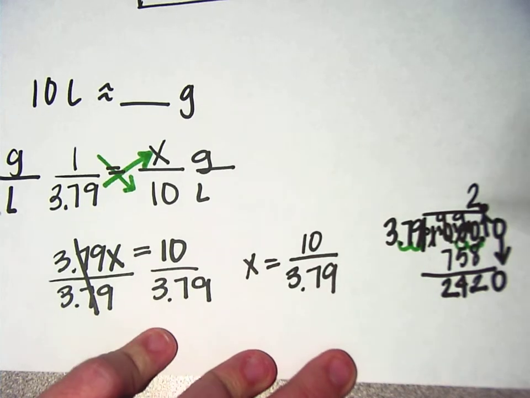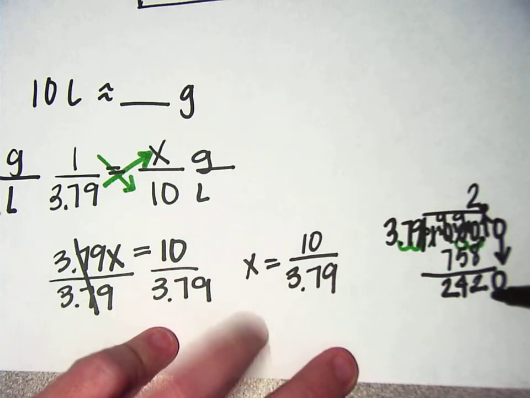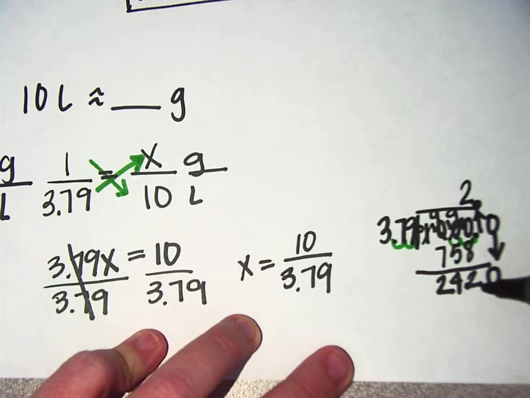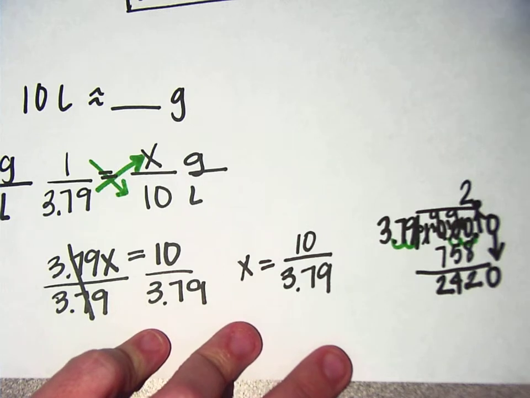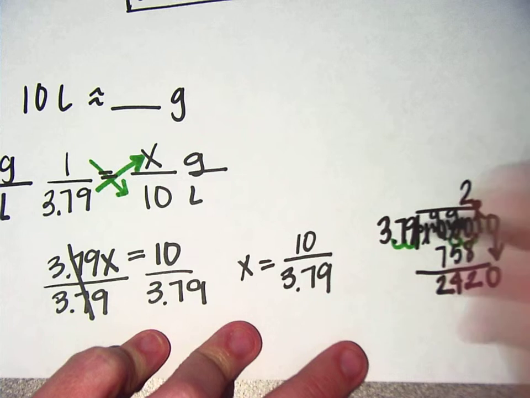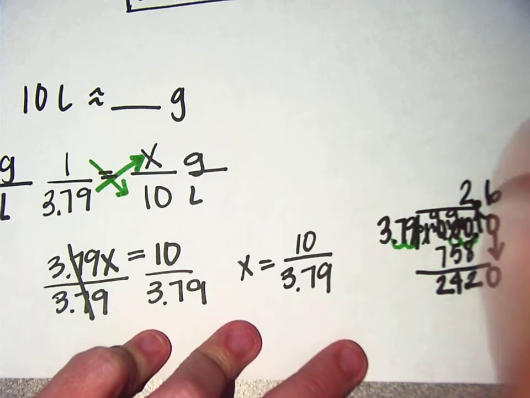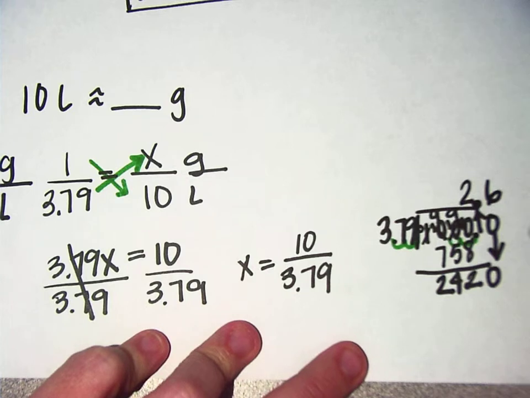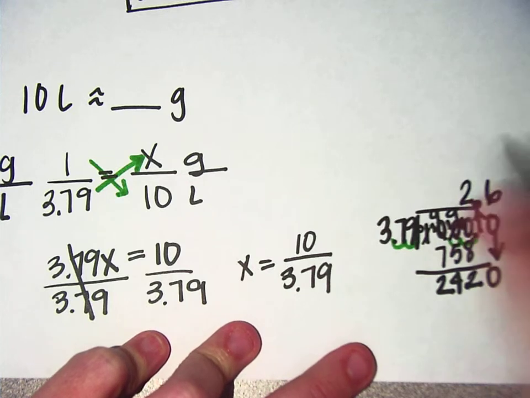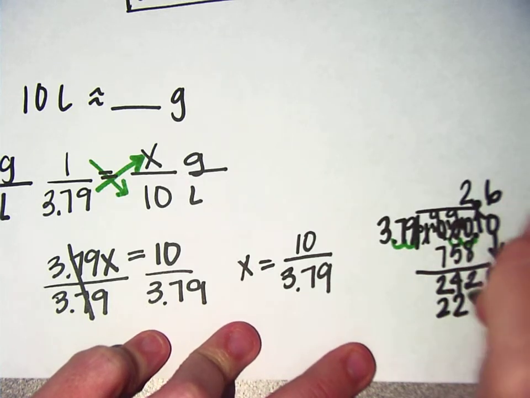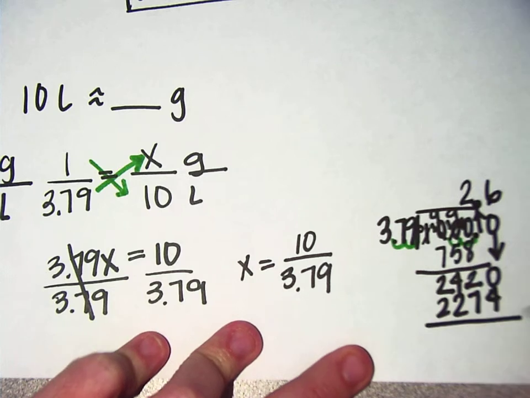So now we're looking at 379, how many times it goes into 2,420. Now I know that these are big numbers, but you're going to have to learn how to work with these big numbers. 379 goes into 2,420 6 times. 6 times 379 is 2,274.